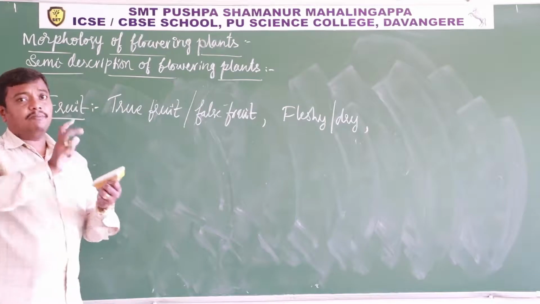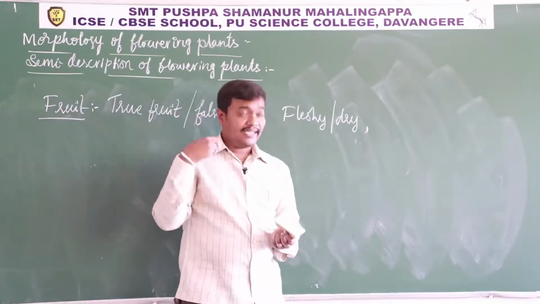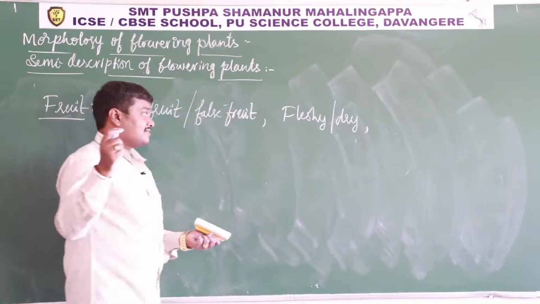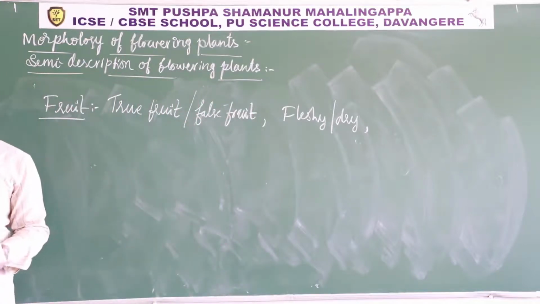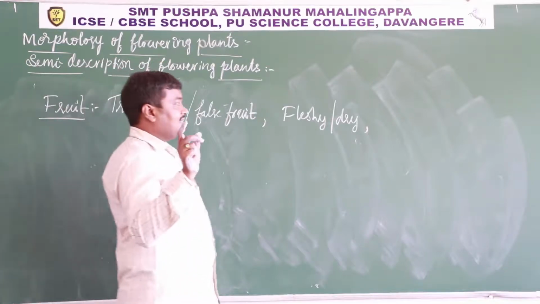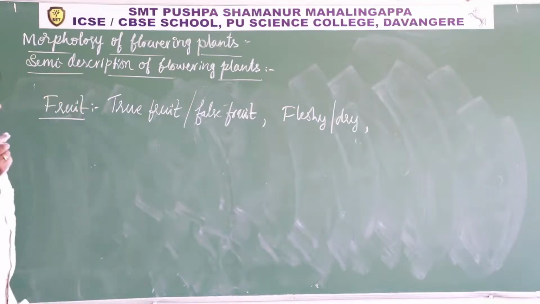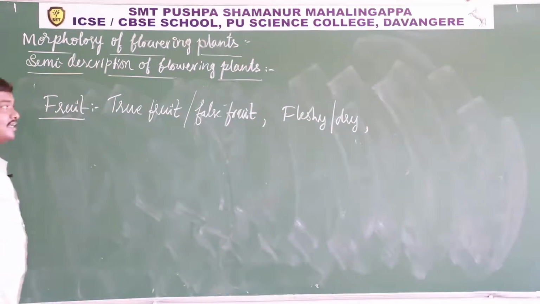Fleshy means the edible part is soft, whereas dry is completely dry and we cannot eat it. In mango, the edible part is the mesocarp. In coconut, the epicarp and mesocarp are not edible; the internal endocarp, not endosperm, is edible.